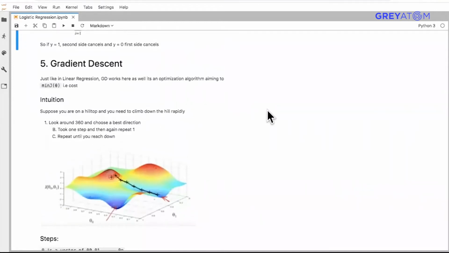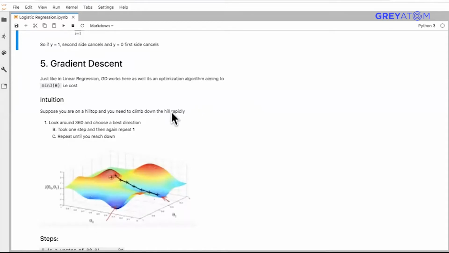Suppose you are on a hilltop, looking at everything around, and you want to climb down the hill in the minimum possible time. So what would you usually do? You'll look around and see which is the best possible way to go down.